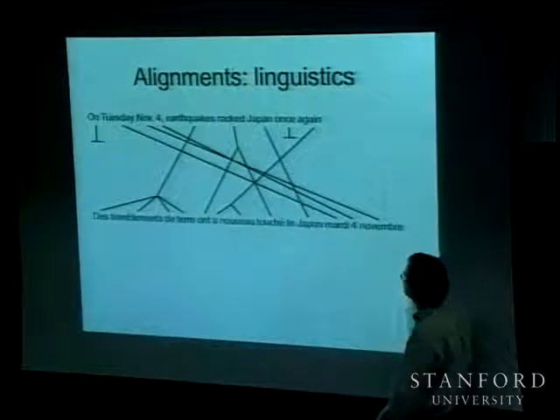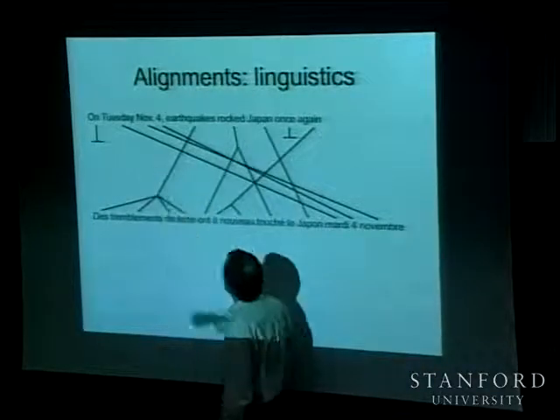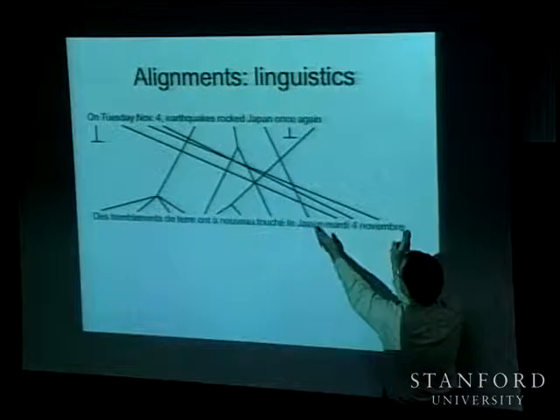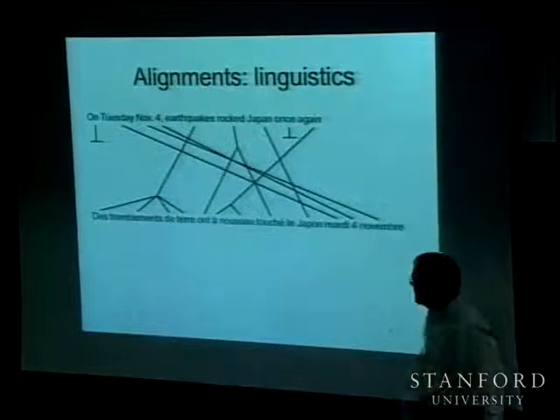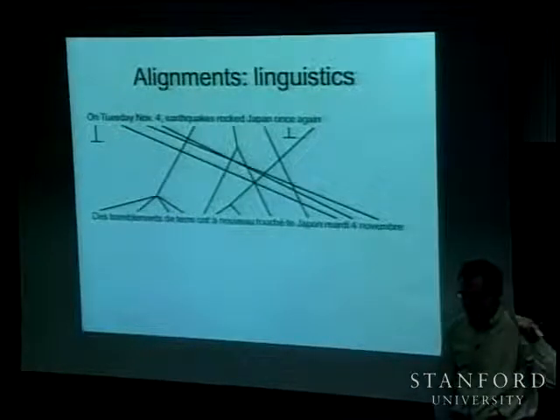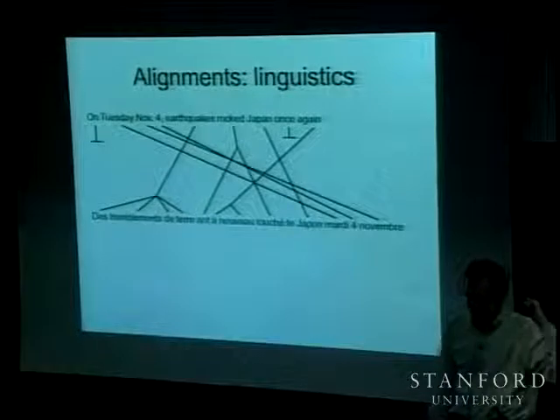But the bit I want to focus on right now is right here at the beginning we have on Tuesday, November the 4th, and in the French translation it appeared right down here, Tuesday, 4 November. So this temporal modifier moved from the beginning of the sentence to the end of the sentence.